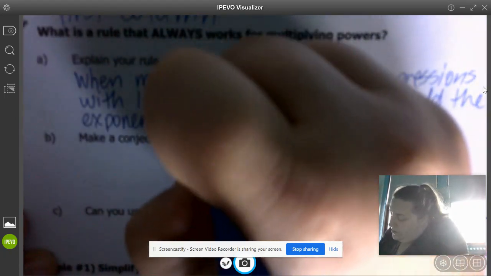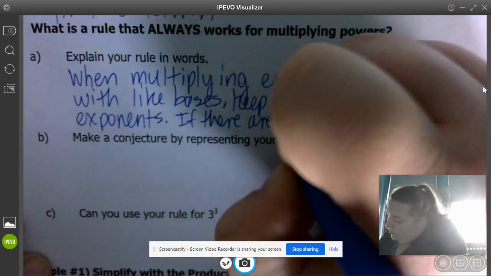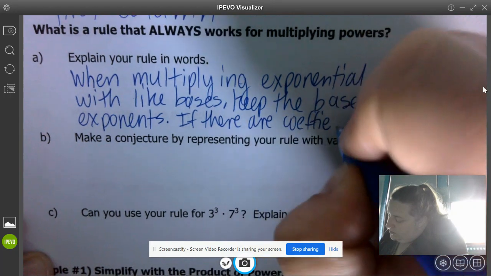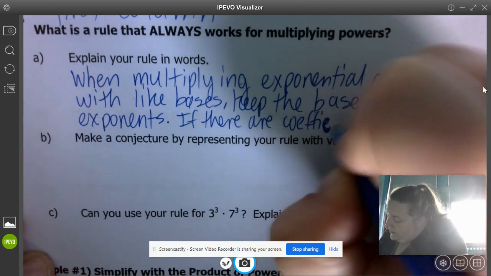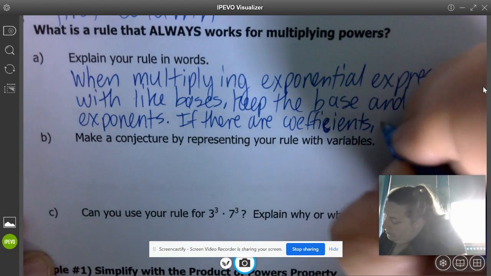If there are coefficients, I always have to sound this out, coefficients, multiply them.